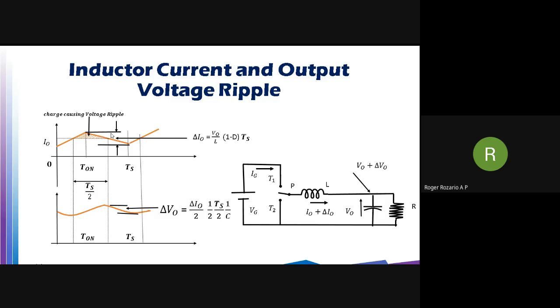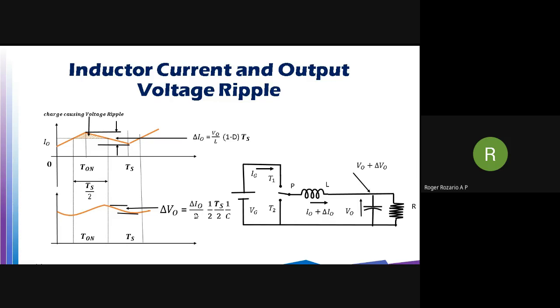The voltage of the capacitor is nothing but 1 by c integral of I dt. I is the charge that is present in the inductor, and the charge gives rise to the voltage drop.